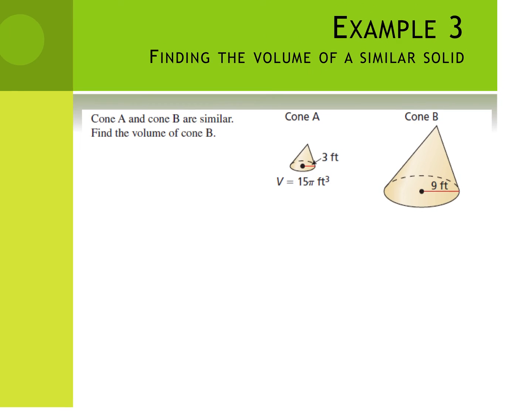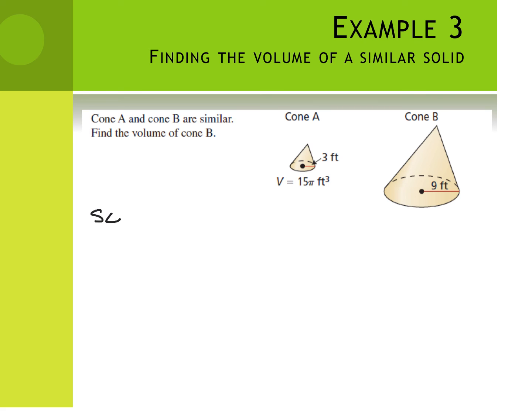So again, finding the volume of similar solids. They'll start out by telling you that they're similar. We need to find the scale factor, and then from there we'll cube it, and then we can use it to find the missing volume. So again, just stay consistent here.